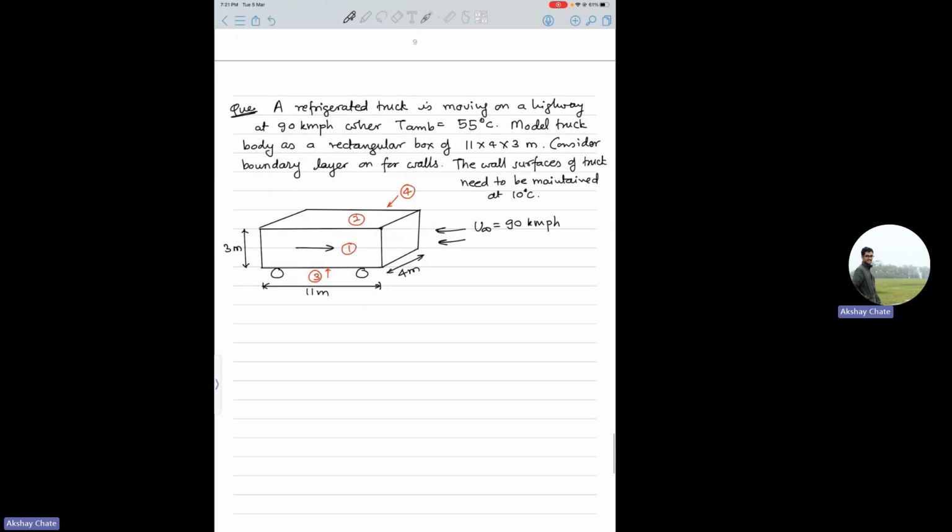Then some other properties for air are given.